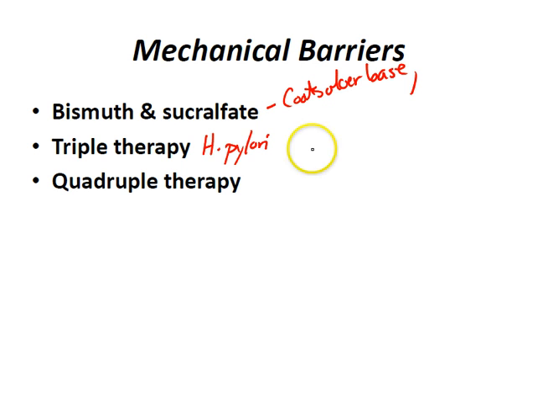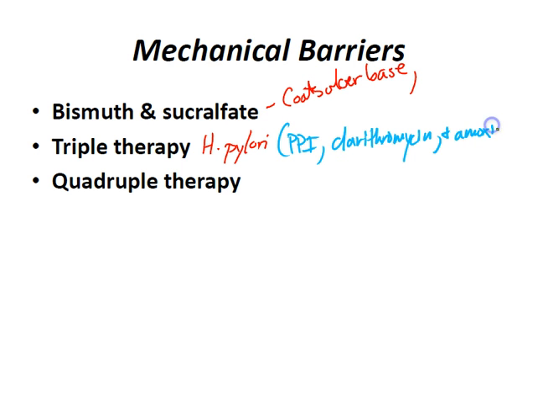So the triple therapy is usually going to have a proton pump inhibitor, such as omeprazole, erythromycin, and amoxicillin. Now, what about the quadruple therapy?